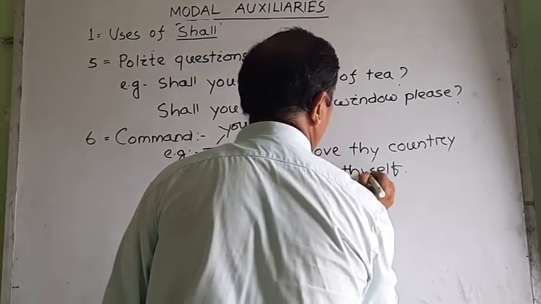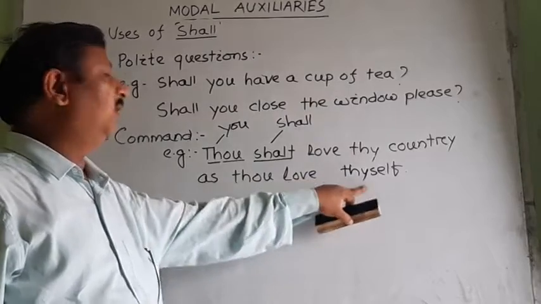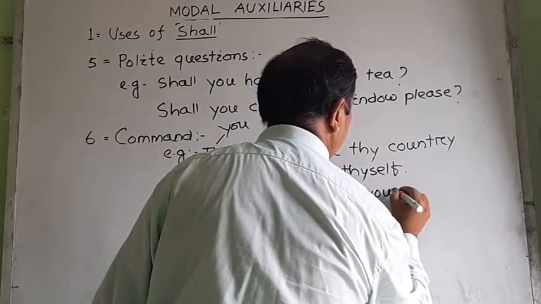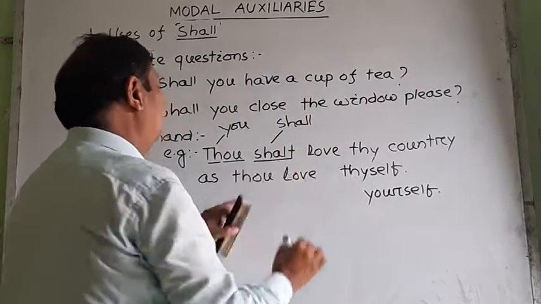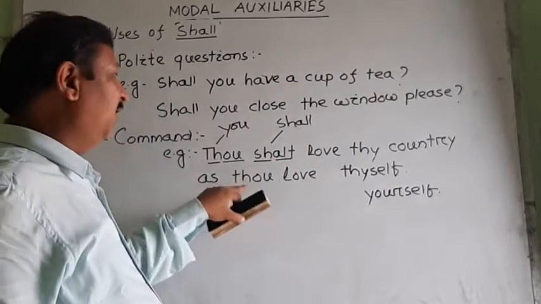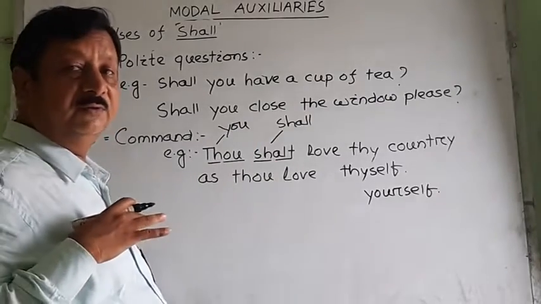Thou shalt love thy country as thou love thyself. Thyself means yourself. So it expresses shall. When it is used with the second person you, it expresses command. We have to love our country as we love ourselves.